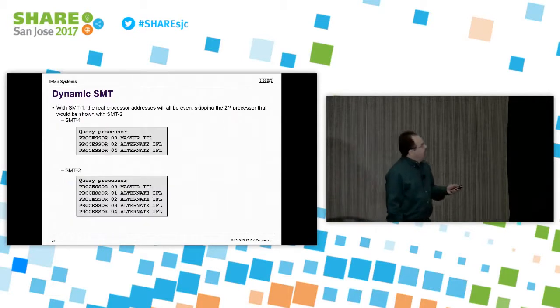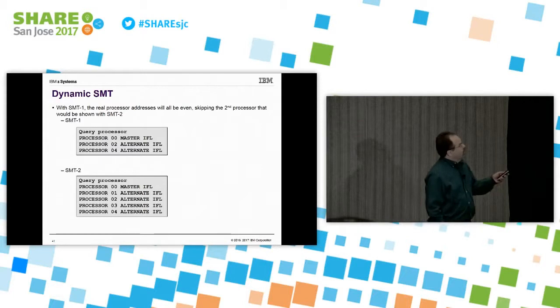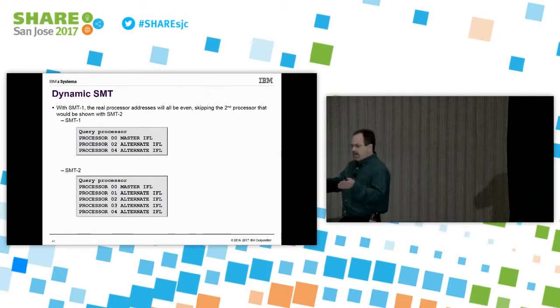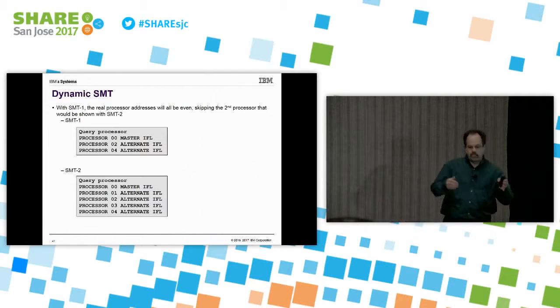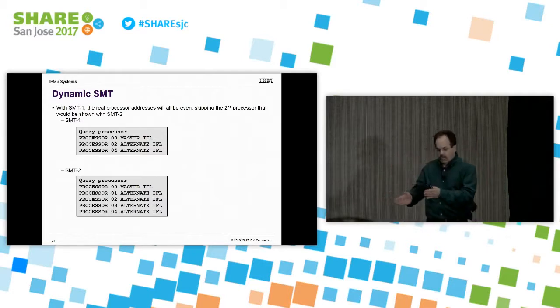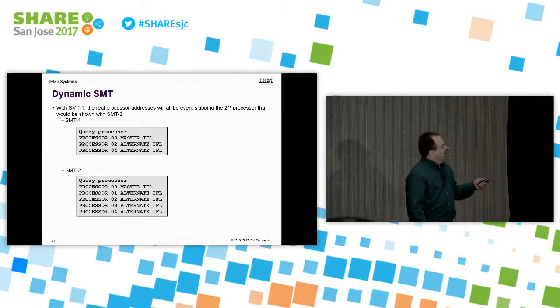So an example, just to illustrate, when you have SMT 1 thread per core active, you've really enabled SMT. So you've told z/VM there are 2 threads in each core, and I'm only using one of them. So if you do a query processor, you'll see the gap of 2.